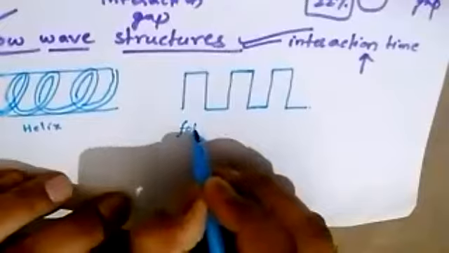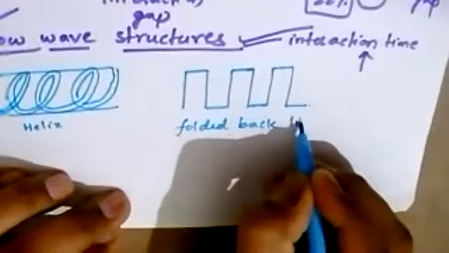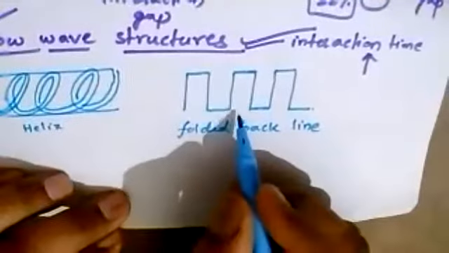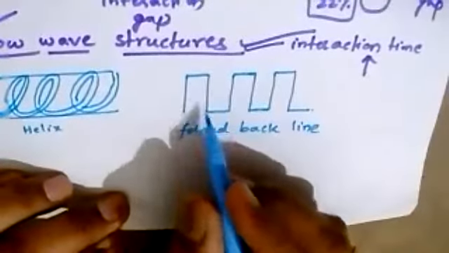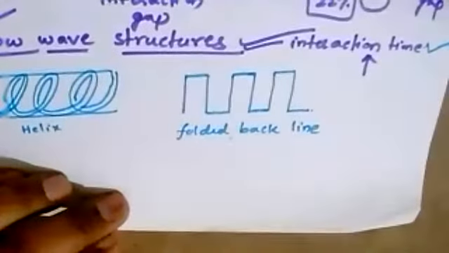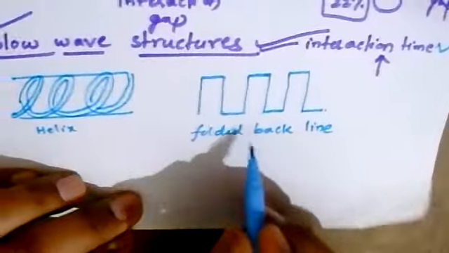It is another slow wave structure we can make use of in the traveling wave tube, where it can increase the interaction time. To increase the interaction time, we make use of these slow wave structures.